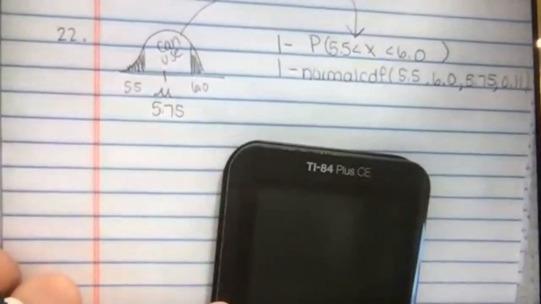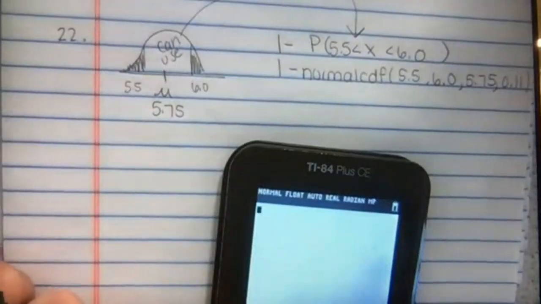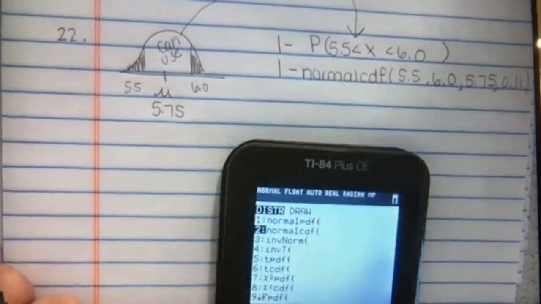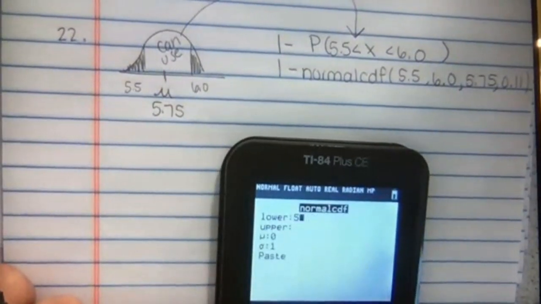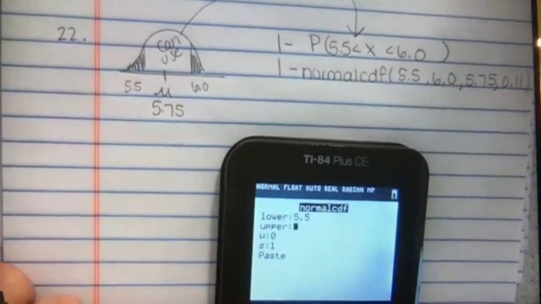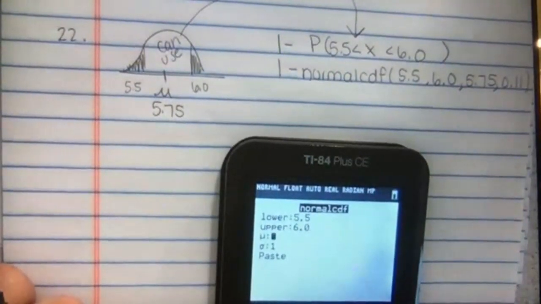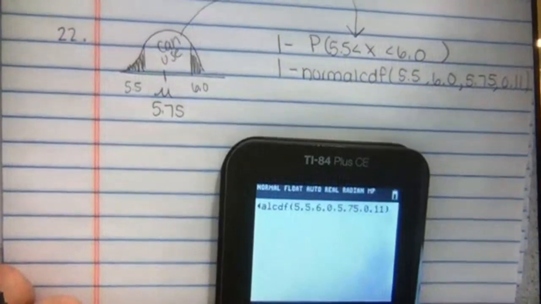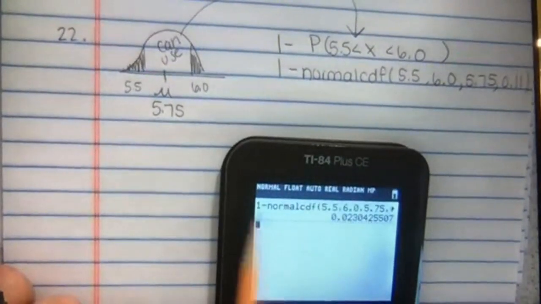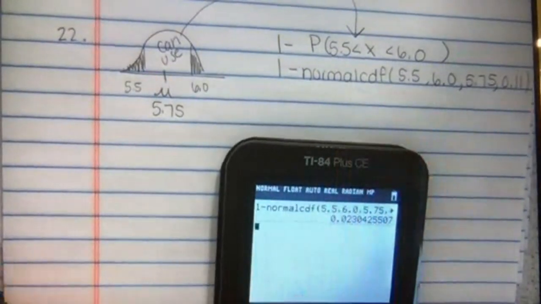So in my calculator, I can do 1 minus, second bar's normal CDF. My lower limit's 5.5. My upper limit's 6.0. My mean is 5.75, and our standard deviation was 0.11. Pressing enter, I already put the 1 minus into my calculator, so it looks exactly like I see it.